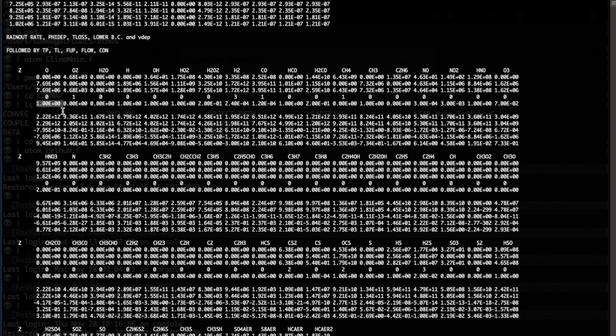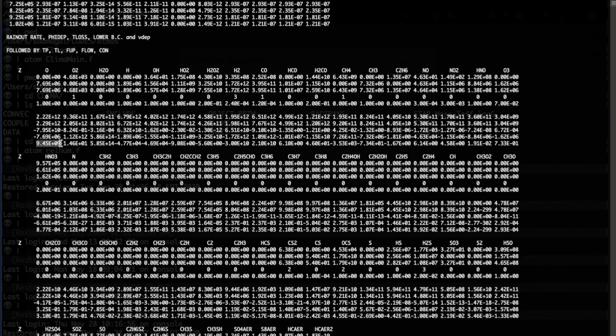Okay. Then there's a space, which is followed by the total chemical production, the total chemical loss, the flux at, I think, the top of the atmosphere, the flux at the bottom of the atmosphere, and then con, which is basically adding all these production and loss terms up together to see how well we've conserved that molecule.